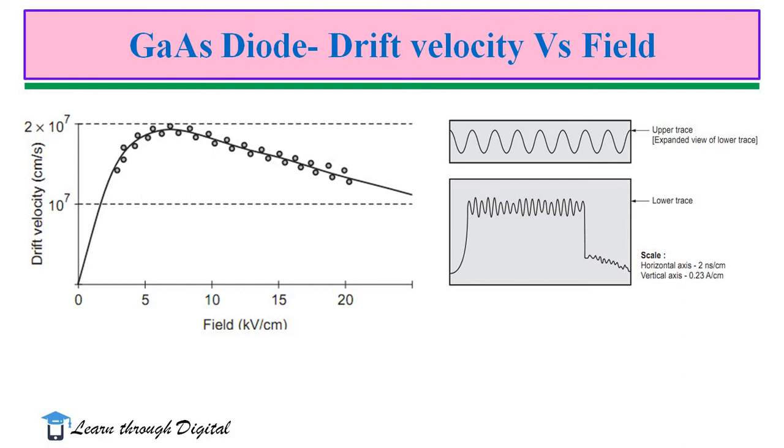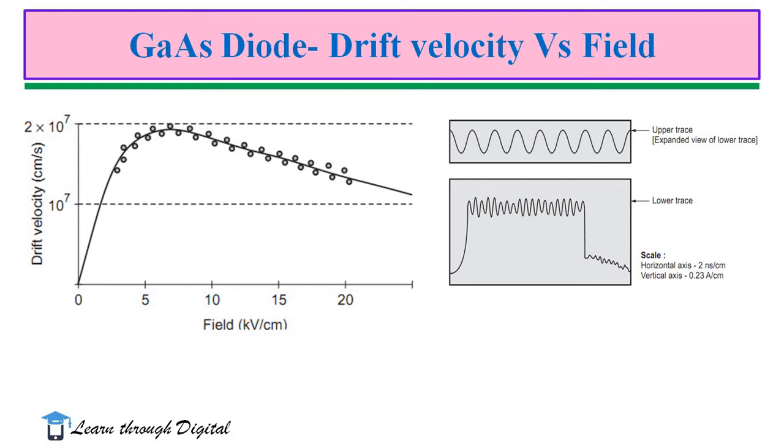This figure illustrates field versus drift velocity, and the right hand side figure illustrates current waveform. It represents the periodic fluctuations in the current waveform when the applied voltage is greater than the critical voltage.